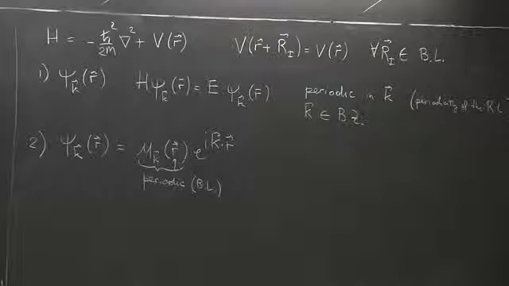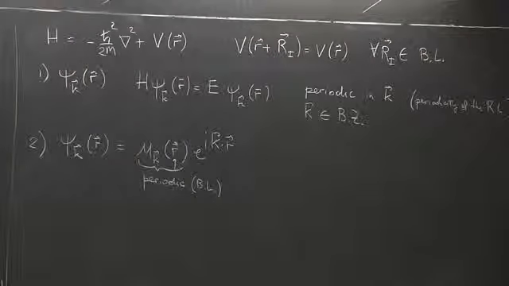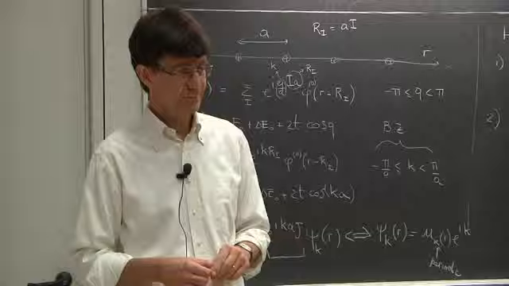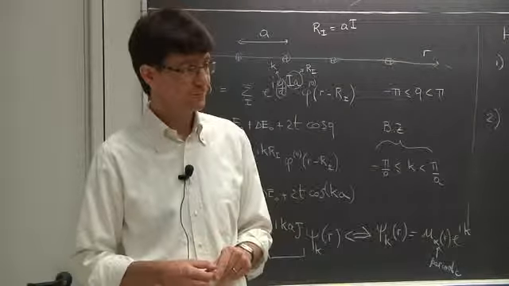Suppose you have a Hamiltonian which has a rotational symmetry, spherical symmetry. The hydrogen atom, for example. Do solutions of that Hamiltonian share the same symmetry as the Hamiltonian itself? Do they or don't they?